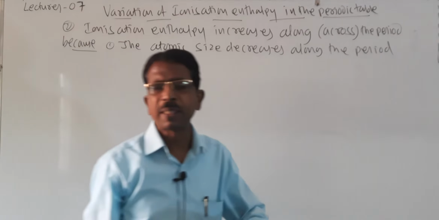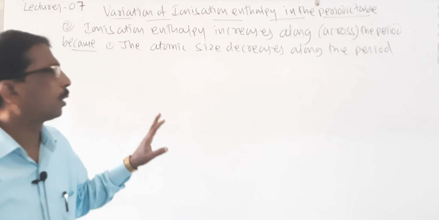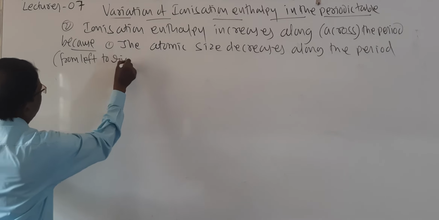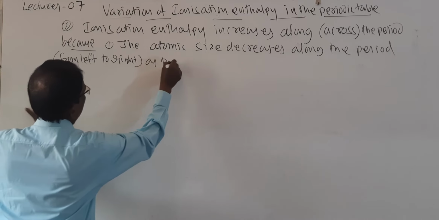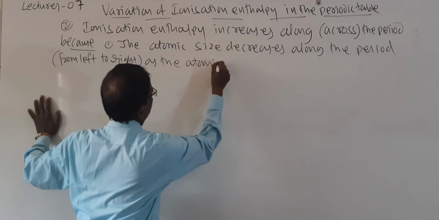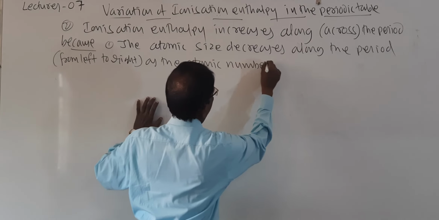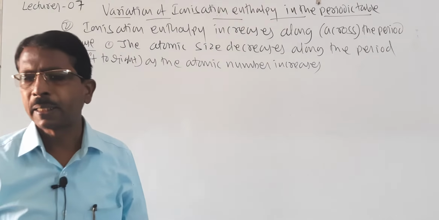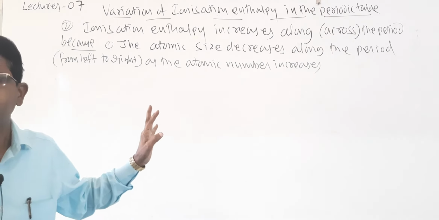Along the period atomic size ಏನಾಗ್ತದೆ, decreases along the period, or from left to right ಅನ್ಬೋದು. From left to right, as the atomic number increases.